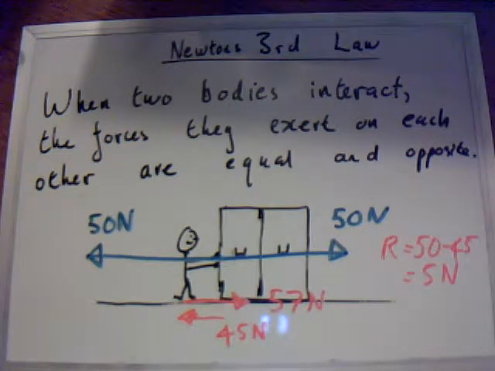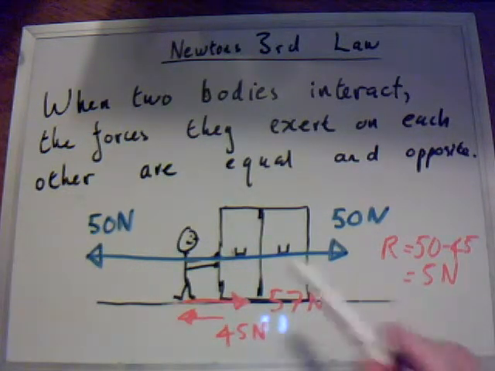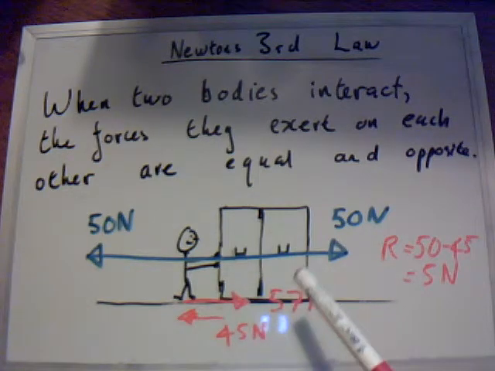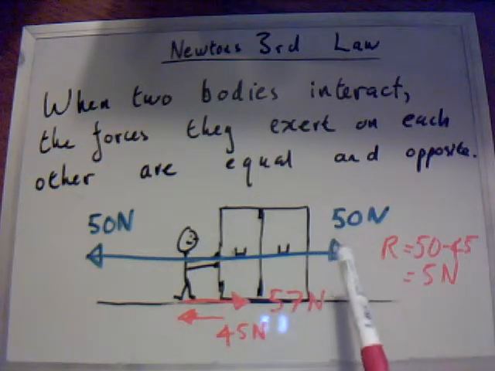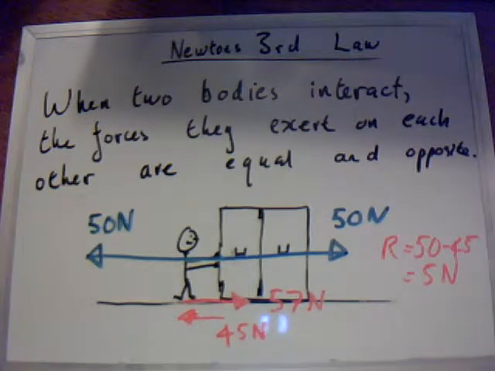Okay, and he will in fact be accelerating. So the forces on him are not balanced, and the forces on the wardrobe are not balanced. However, the Newton pairs, when two bodies interact, the forces they exert on each other are equal and opposite, are those two 50 newton forces acting there.